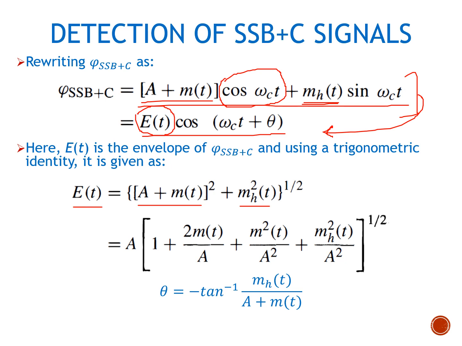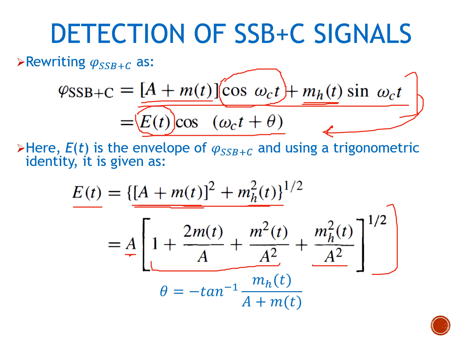If we open this expression further and take A outside, we are left with the expression here. We will have these three terms when we open this A plus MT whole square, and the term with the Hilbert transform appears over here.